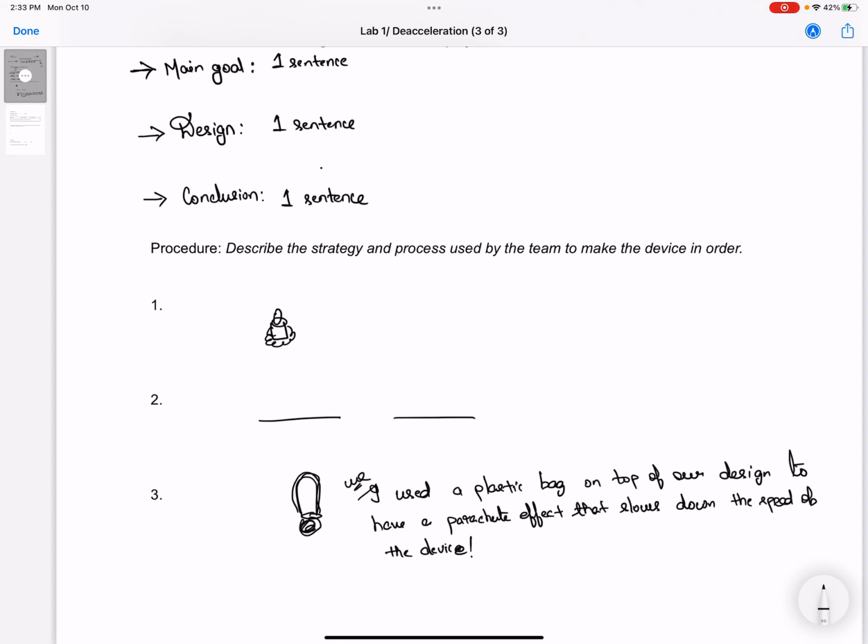So something like that, it's not a perfect sentence, but you know what I mean. You need to write long sentences that explain what you did and why you did it, not just "don't break the egg, I put an egg in the cup." That doesn't make sense, because if I just read this, I should be able to make the same design as you did. That is the key idea.